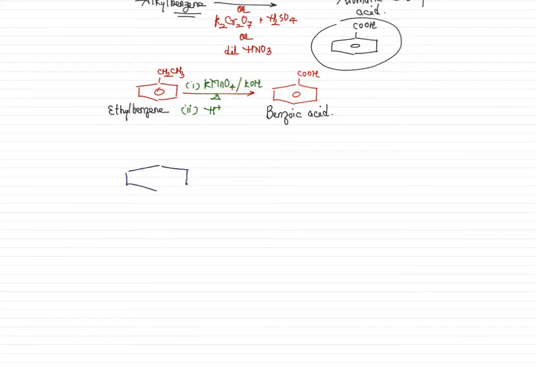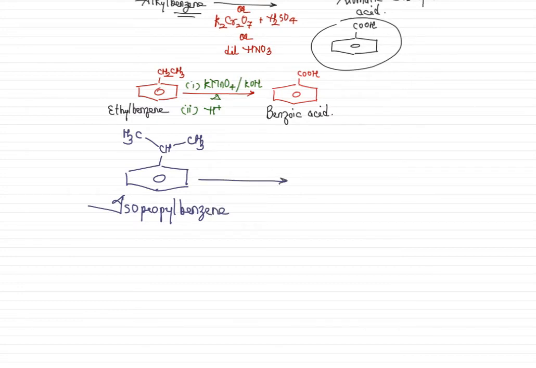See, why would this happen? For example, you may take isopropyl benzene, which is many a times referred to as cumene, when treated with KMnO4, and if I use H plus, it doesn't make any difference, so I don't have to put that, and just heat, I may end up getting this.